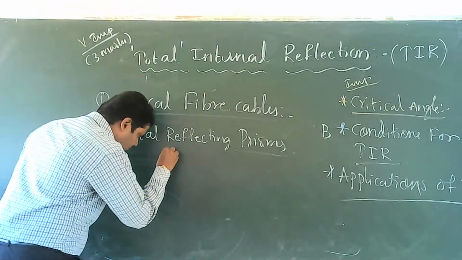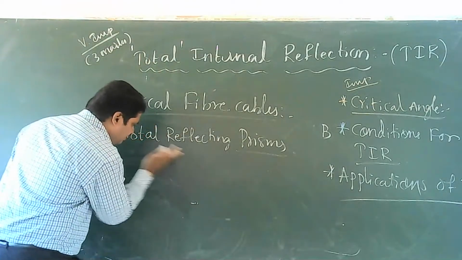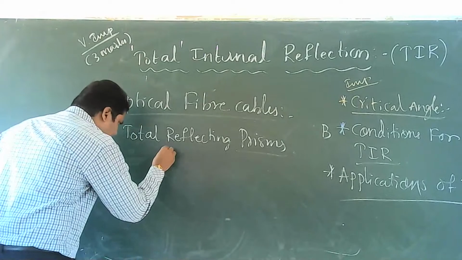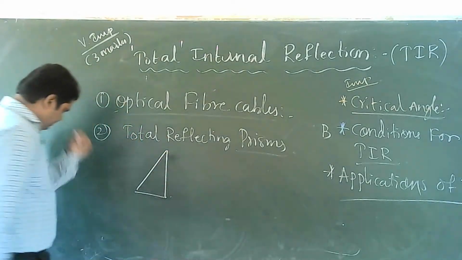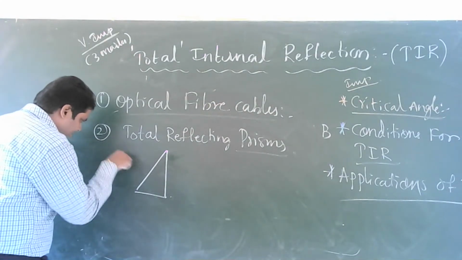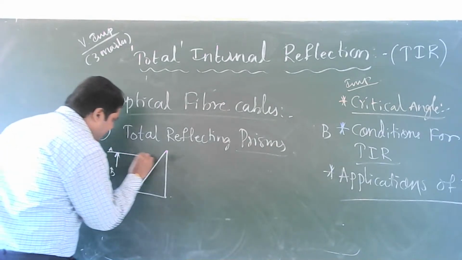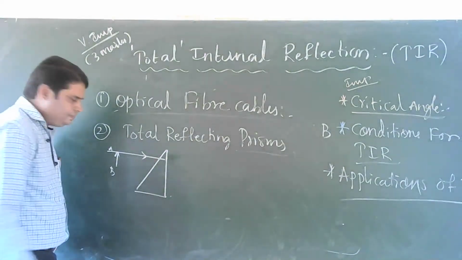For example, some object is placed, say AB. A ray of light from this will fall on this prism.